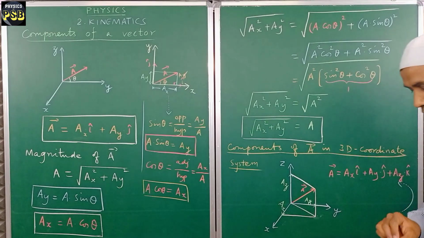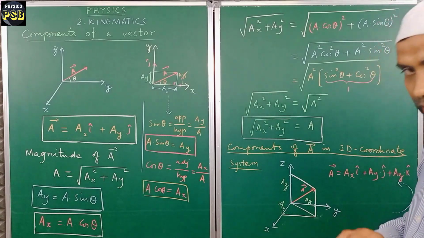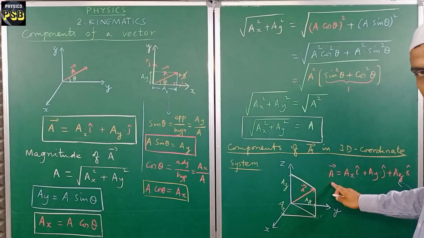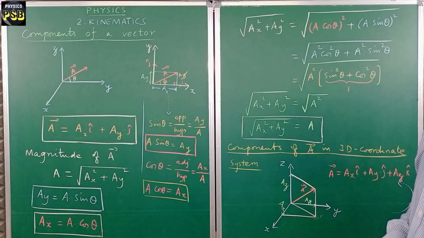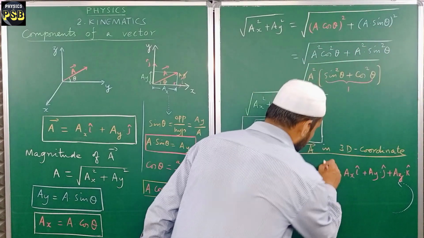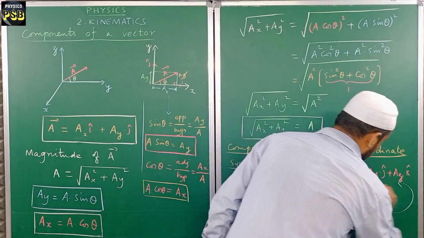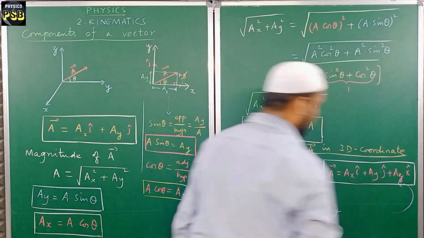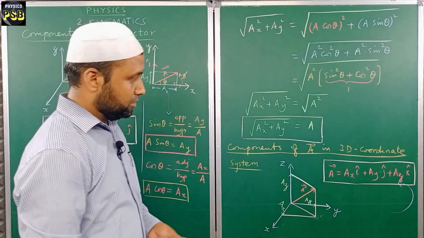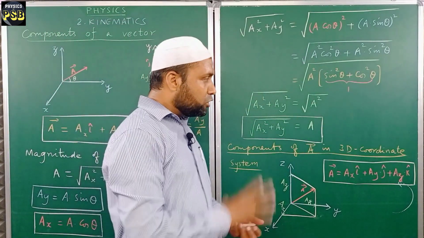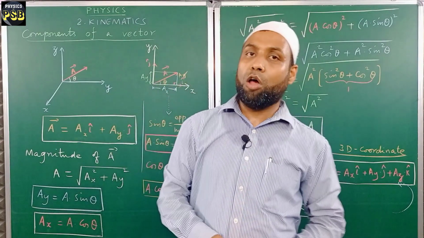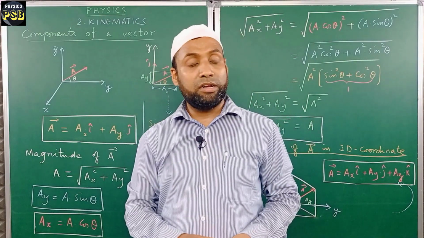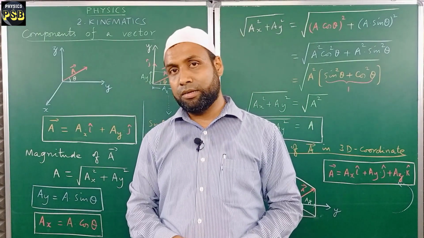This is the expression we obtain for the A vector based on its components acting along different axes. Got that? This is how one can resolve any vector quantity into its components.